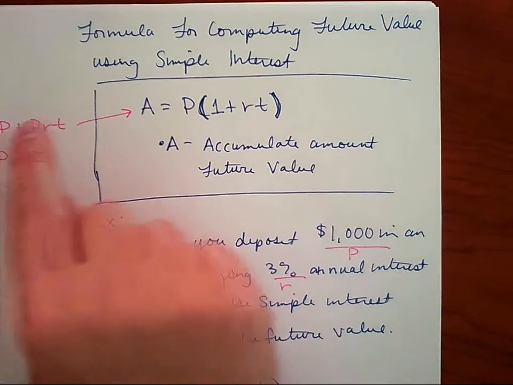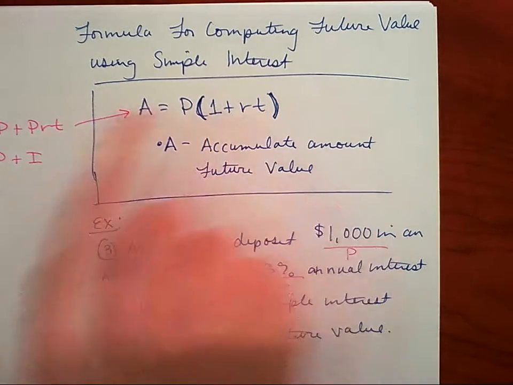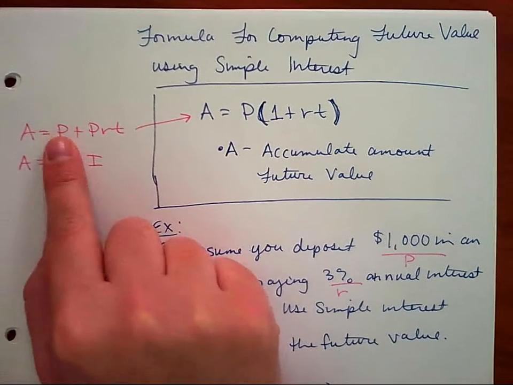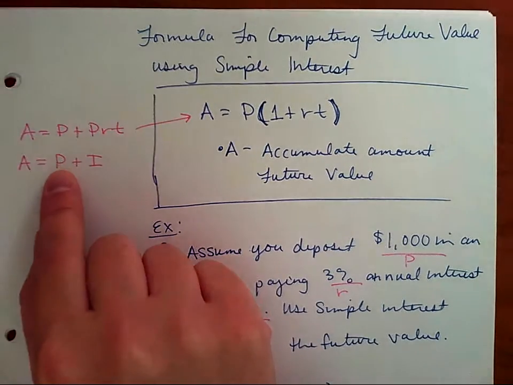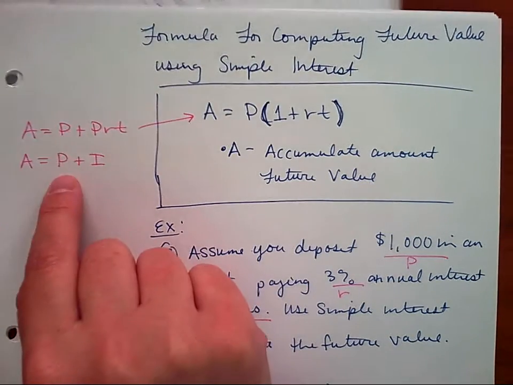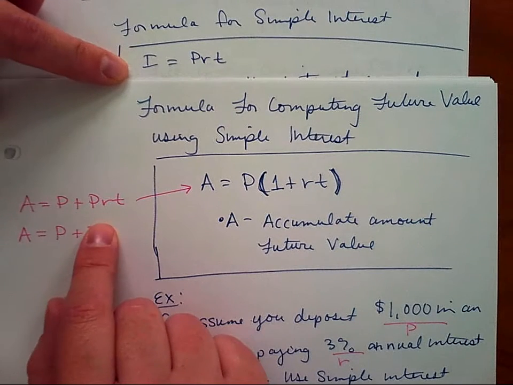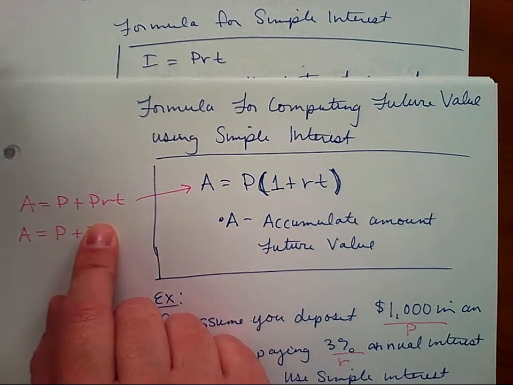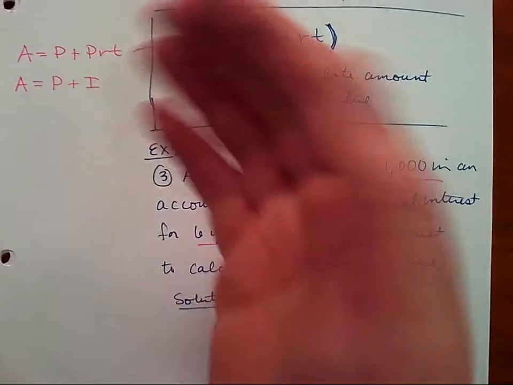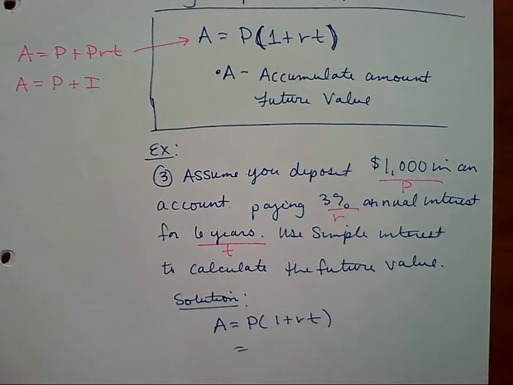So here we just distributed P, and we got this to be our formula, and this makes sense because your accumulated amount is your principal plus your interest, and this was the formula for interest, right? So logically it makes sense. It's not that there's some sort of crazy thing you need to understand to get this formula, right?